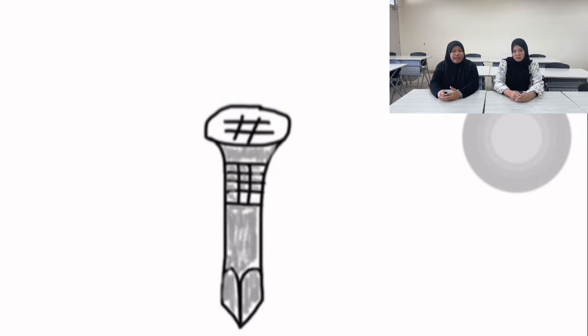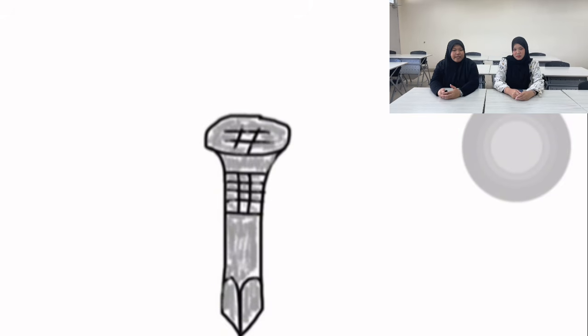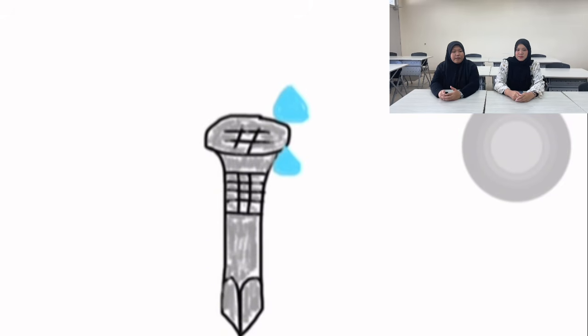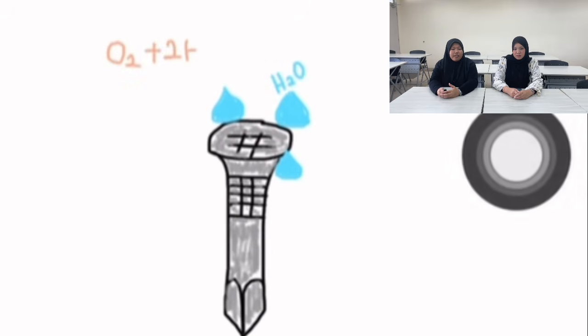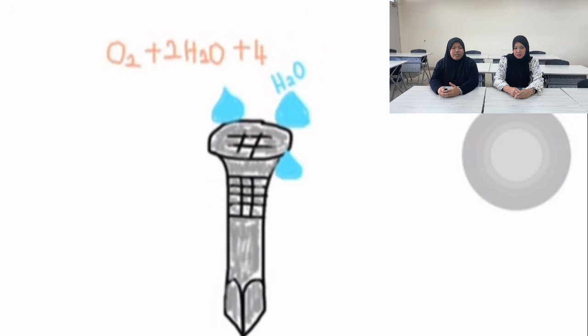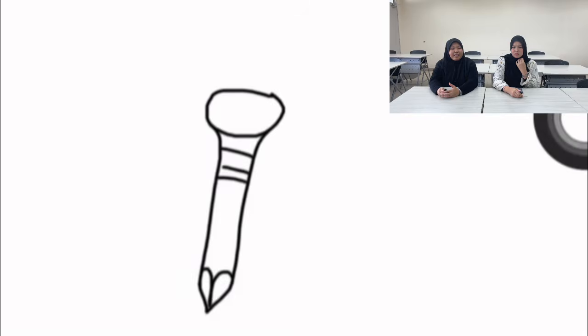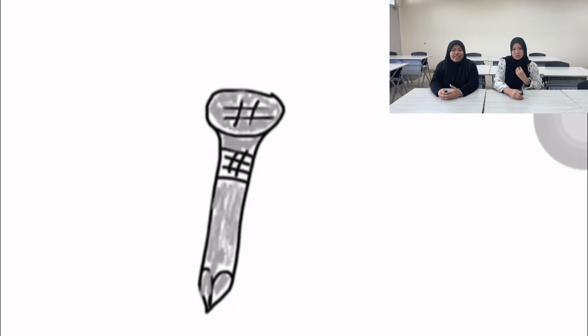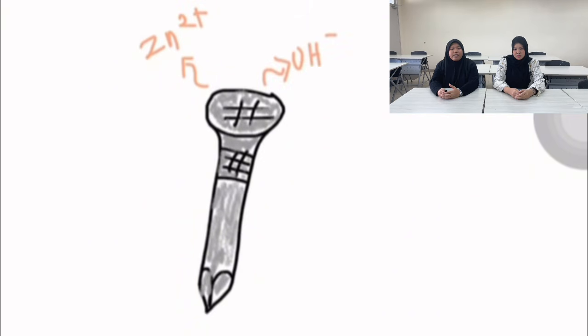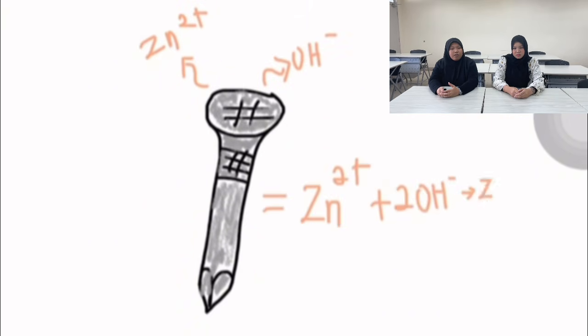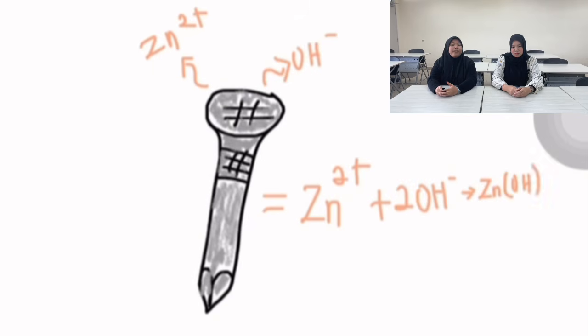The zinc metal acts as the anode and releases electrons. The zinc metal is oxidized to form zinc ion. The electrons that are released from the zinc metal move to the water droplet edges because it acts as the cathode. Then, the electrons are received by oxygen and water, which are reduced to form hydroxide ion.